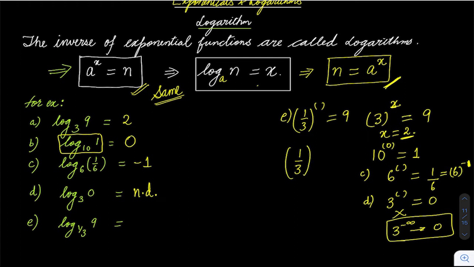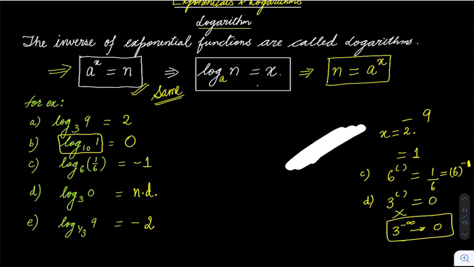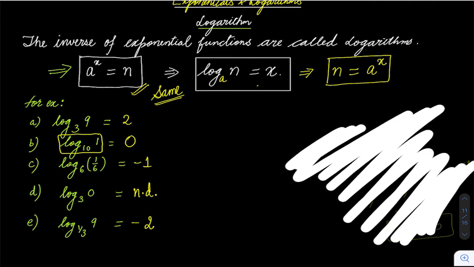And we know 3 squared is 9. So obviously my answer is minus 2. So 1 by 3 power minus 2 is nothing but 9. I hope everyone understands this. This is just the basics of how to find basic logarithmic values.